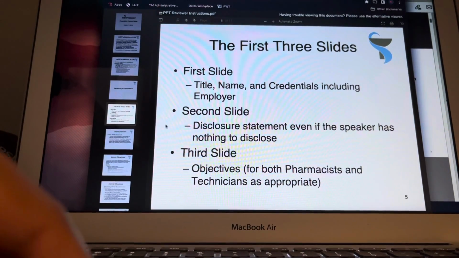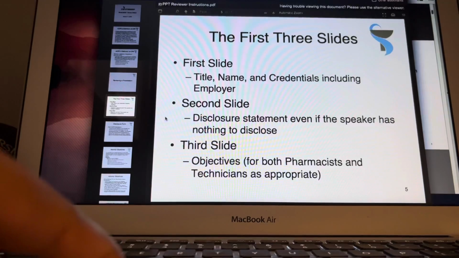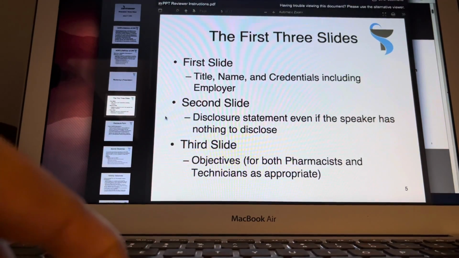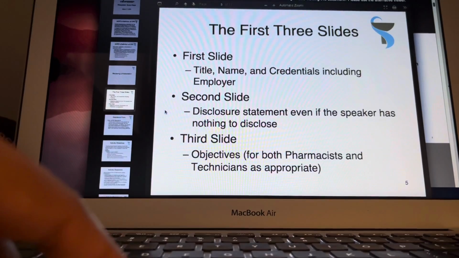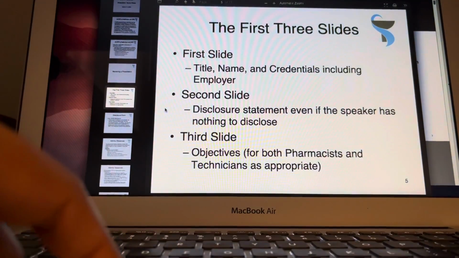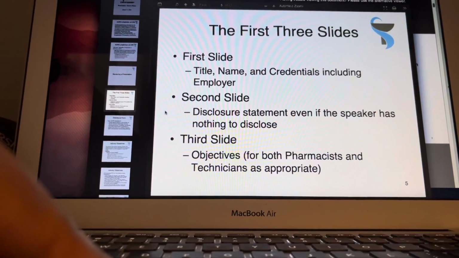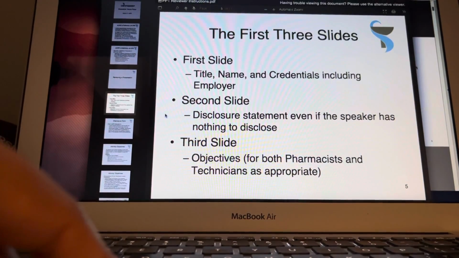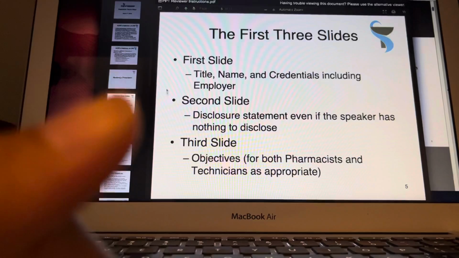And these objectives should be distinct and different for both pharmacists and pharmacy technicians, as we feel that education on 2 different levels requires objectives to be differentiated amongst our staff, our audience members, and our reviewers.